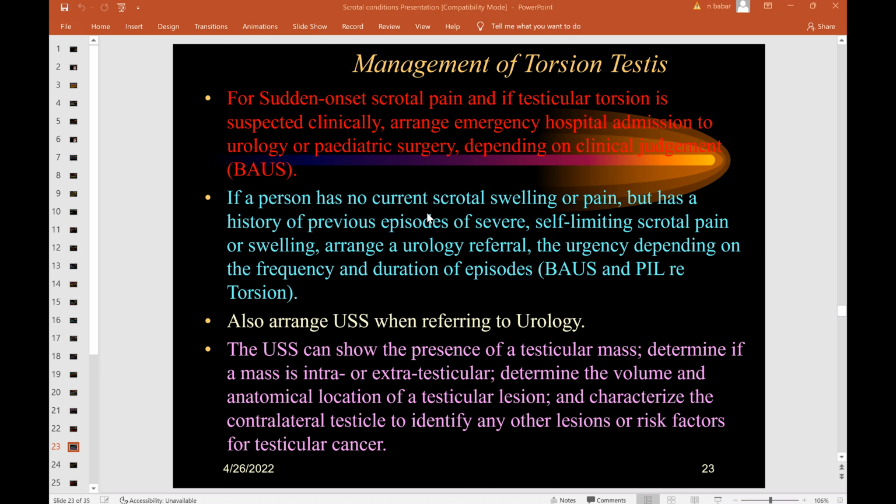When a referral is made to urology, arranging an ultrasound scan will show the presence of a testicular mass, which means possible granuloma or more likely cancer. Whether it is intra or extra testicular, what the volume, location and character are, and what the state of the contralateral testicle is, will highlight the current position to the urologist.